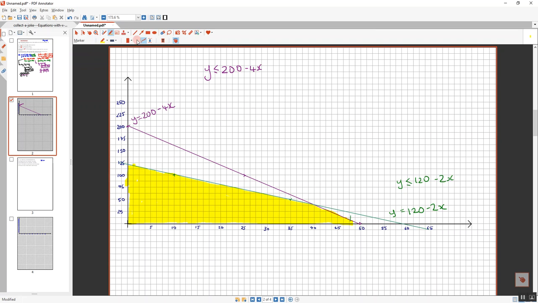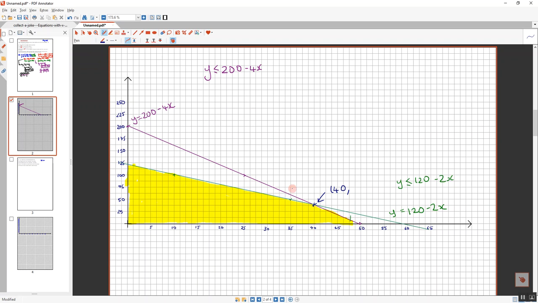Okay, so the possibilities for our answers are going to lie at certain points on this line. Now, if you've drawn it correctly, the point where the two lines intersect is not 50.